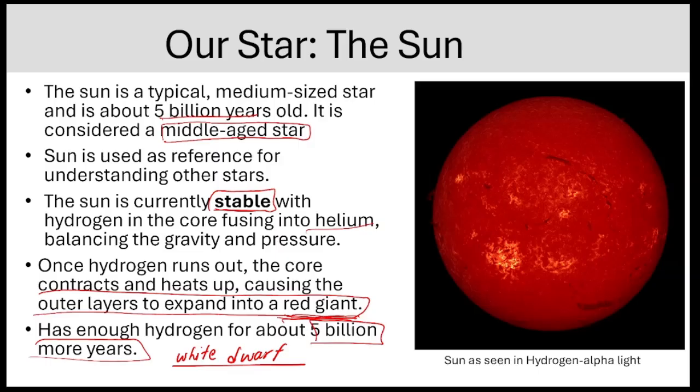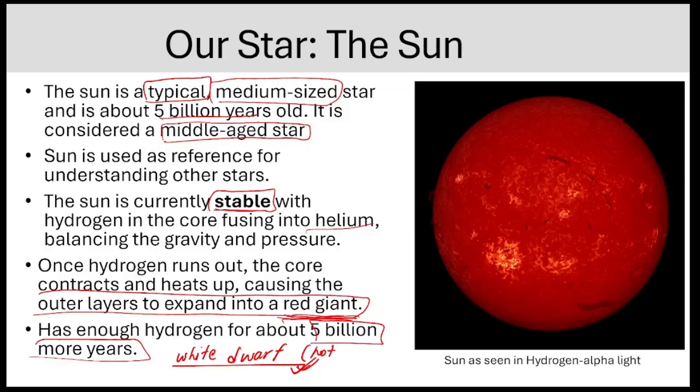Generally, typical stars, or we can say mid-sized stars, will eventually convert into white dwarfs. A white dwarf is nothing but a hot dense remnant about the size of earth.